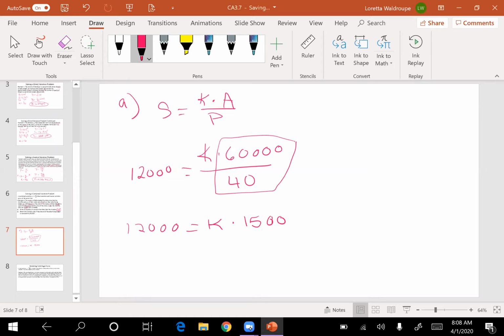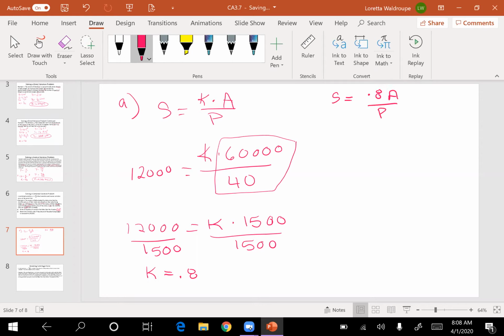And then I have to divide both sides by 1,500 to find that K is 0.8. So for part A, my equation becomes S equals 0.8A over P. That is my answer to part A.